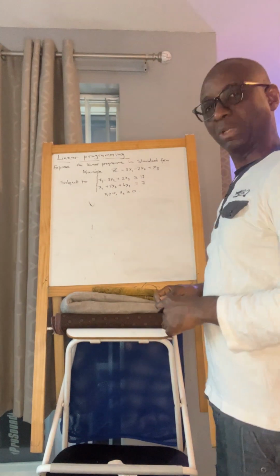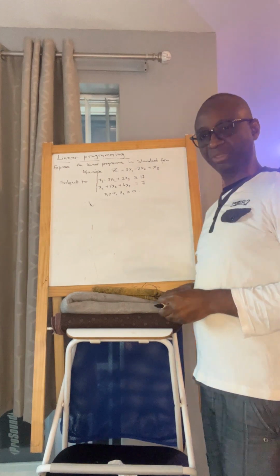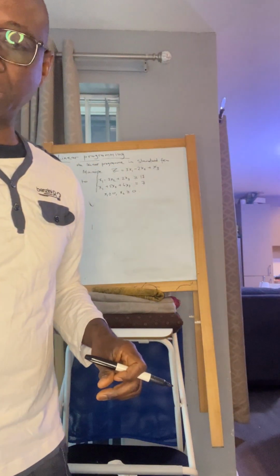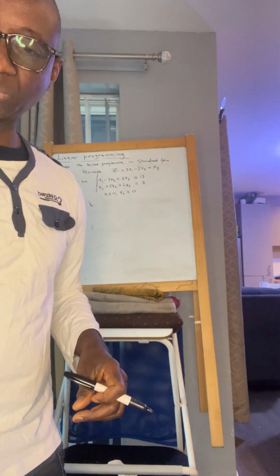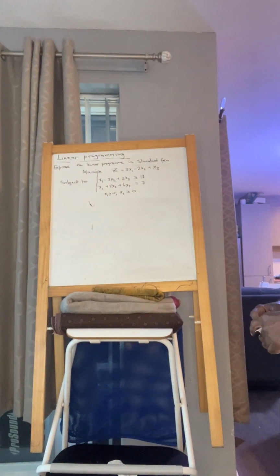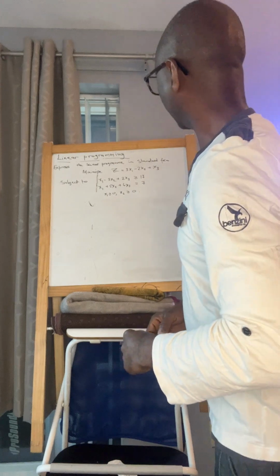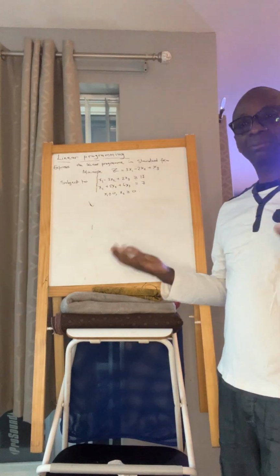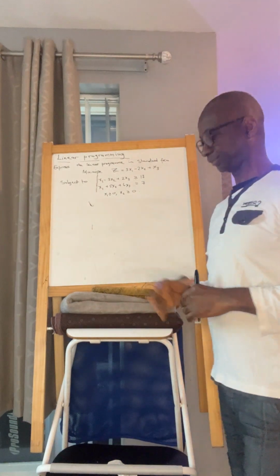But at the end of the day, you want to make profit, you want to maximize profits. This is where linear programming comes in: how you use the constraints you have, and then how you can increase your profits.